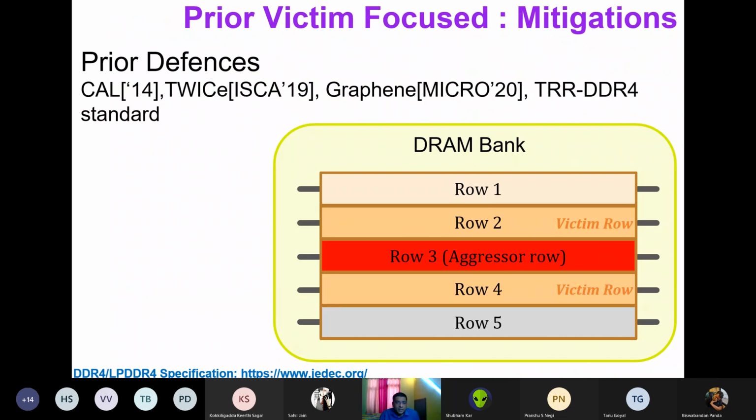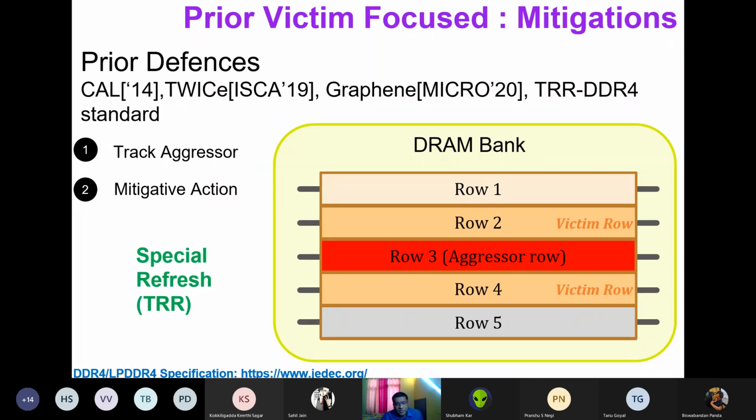So let's try to understand the prior victim-focused mitigation technique. The mitigation technique is to identify the aggressor row, that is row 3. So first track this particular row, and then the conventional mechanism is to do some refreshing, that is, refreshing row 2 and row 4. Before the detection of this issue, conventionally we had bank-level or all-bank refresh.